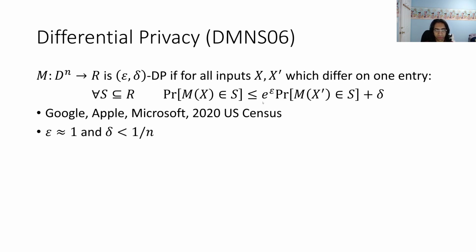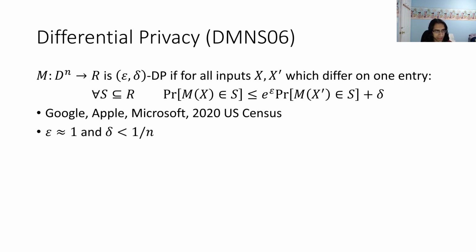Roughly speaking, it depends on your application and setting, but you can think of epsilon as a small constant, something around 1, not necessarily exactly 1. Anything between, say, 0.1 and 5 should be thought of as a reasonable privacy guarantee. Things outside those bounds you should be a little bit skeptical about, in my opinion.